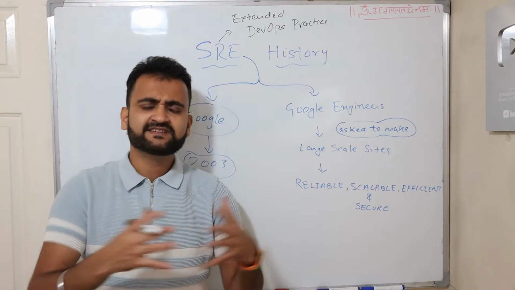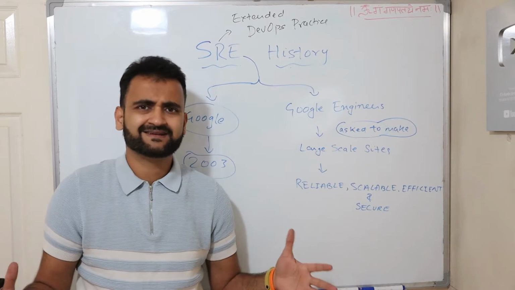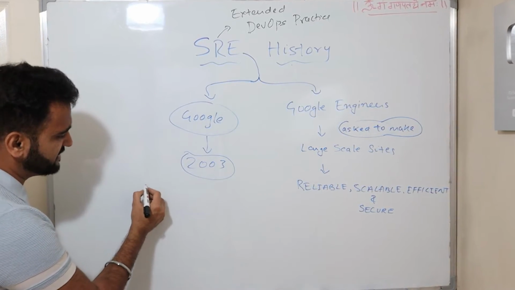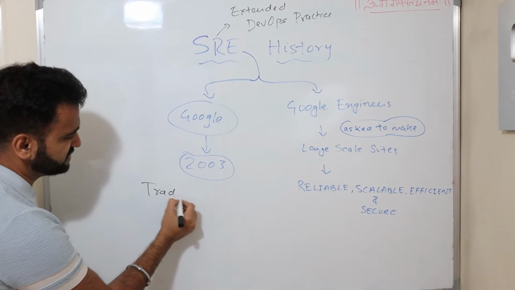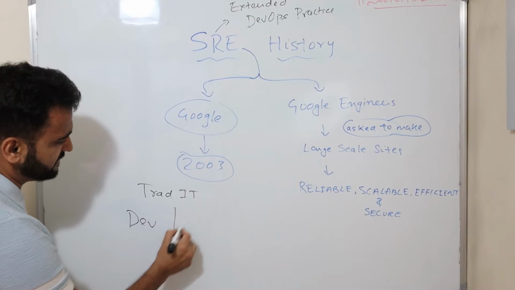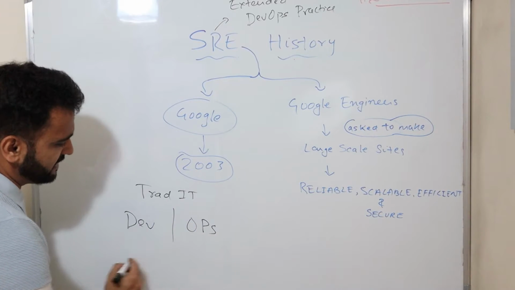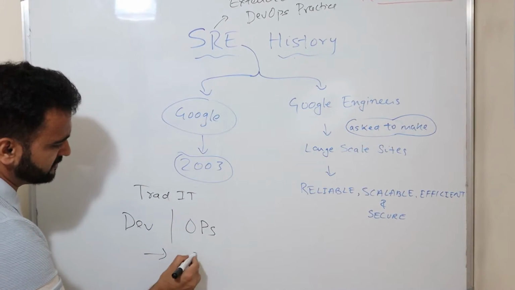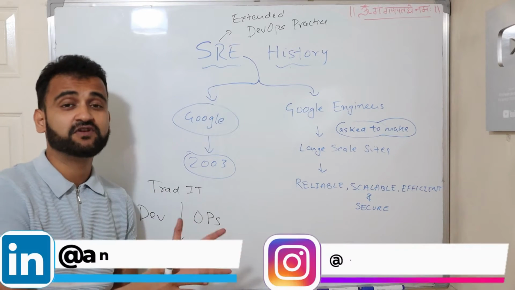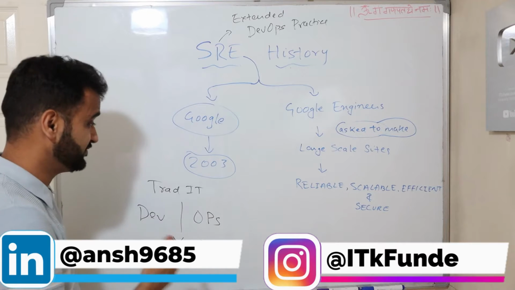So if we have to see the evolution of this whole practice, this whole discipline, then in the beginning, in traditional IT, there was dev and then there was ops. And then there was a continuous tussle between these two because you know all the reasons. I've made a specific video on DevOps, so you can check that out as well.